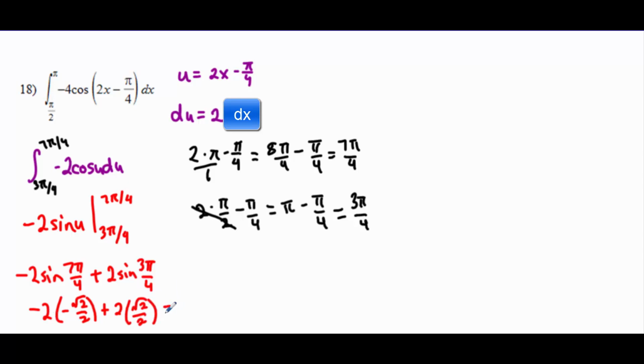So be careful here. You might accidentally think these cancel out, and they don't. The 2's here and here, here and here cancel, giving me positive square root of 2 plus another square root of 2, which gives me 2 square roots of 2 for my answer.